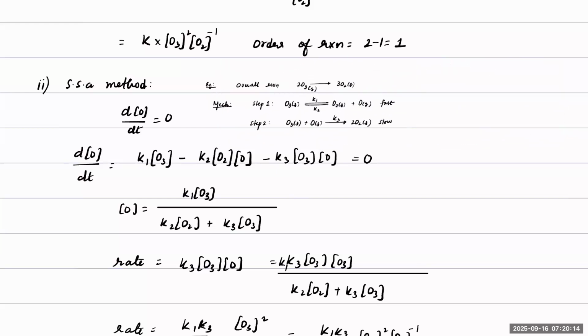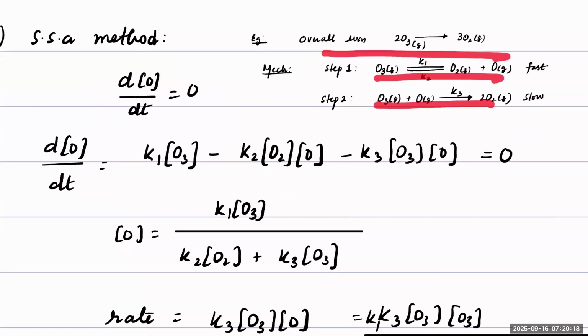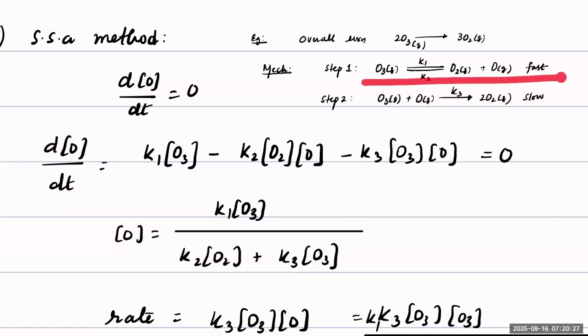See, this is the overall reaction and these are the steps in which oxygen is the intermediate, so the rate of change of oxygen has to be zero. If you notice, nascent oxygen is forming in the forward direction, it is moving away in the backward direction, and it is again moving away in the forward direction.